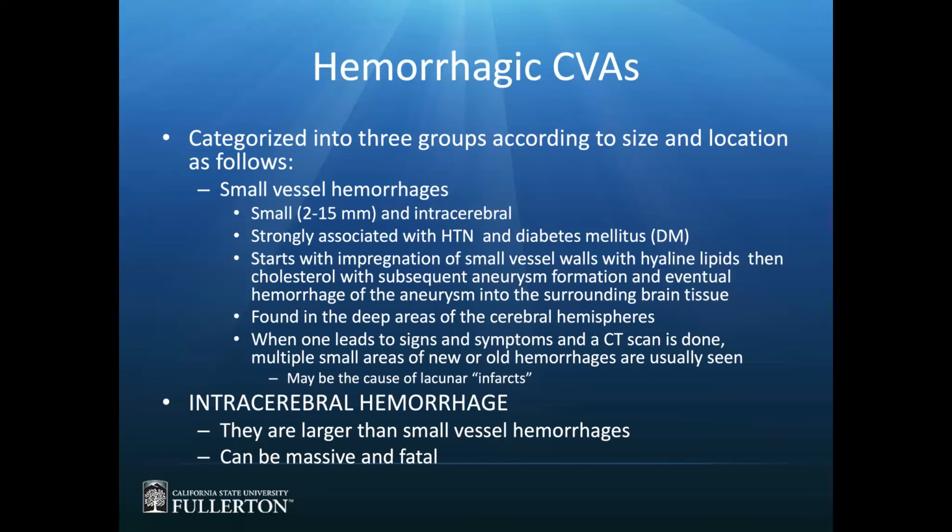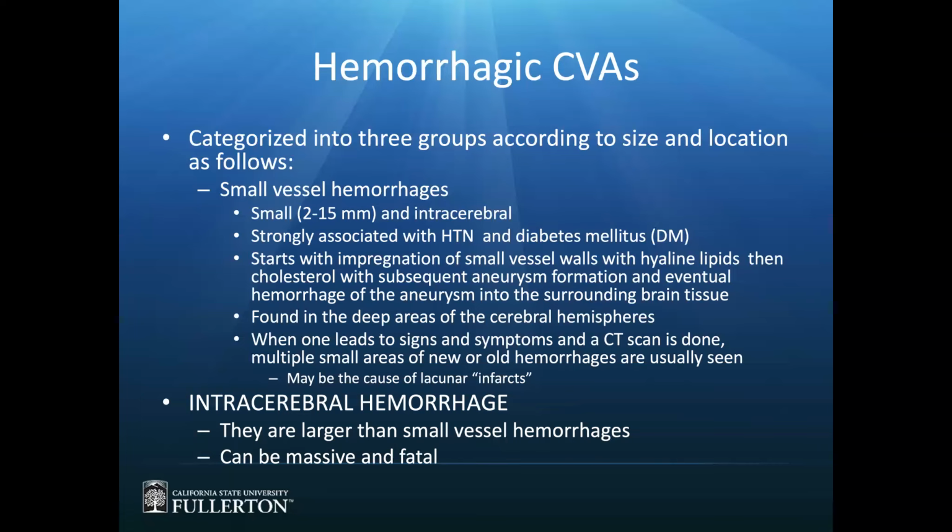The disease process starts with an impregnation of the small vessel walls, the walls themselves of those tiny little arteries, with a hyaline lipid, and then cholesterol. And then the wall basically gets weakened, and you get what's called an aneurysm, which is a balloon on the wall of a vessel. And if that aneurysm grows large enough, it will break, and there's your hemorrhage.